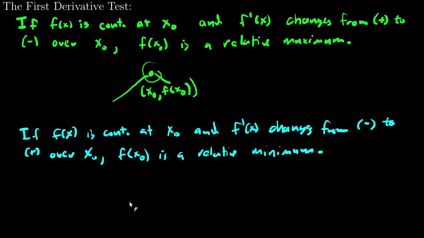And again, that should make sense because if I have a point and to the left the derivative is negative, meaning that we're decreasing to the left, and to the right the derivative is positive, meaning we're increasing, you can see that this is a minimum.